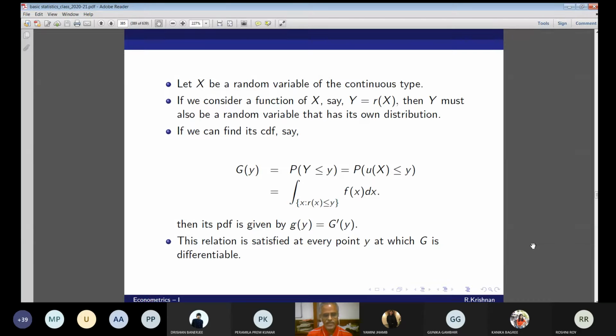If you can find a CDF, say G(y) equal to P(Y less than or equal to y) is equal to P(u(X) less than or equal to y), then this is the integral of f(x) dx over the region A. And the PDF is given by G prime of y. This relation is satisfied at every point y at which G is differentiable.